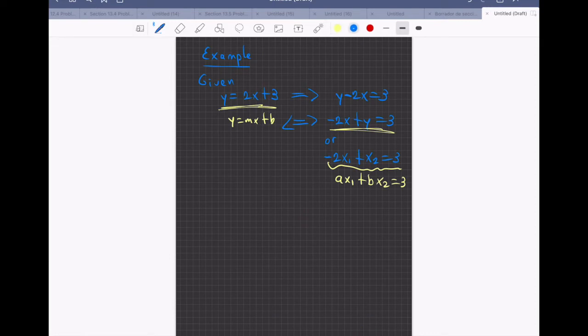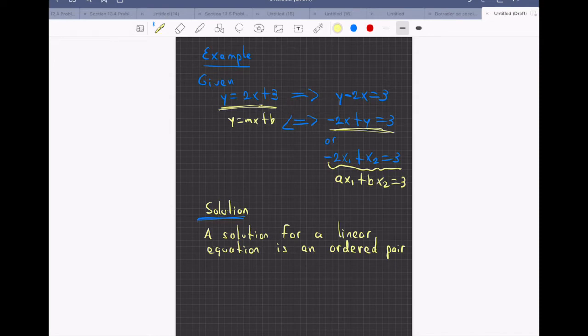Now, solution. A solution for a linear equation is an ordered pair in the form x1, x2.